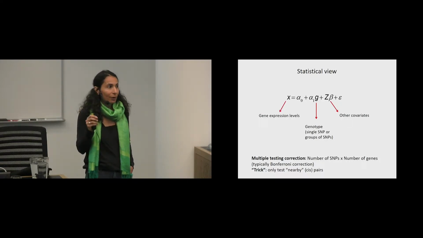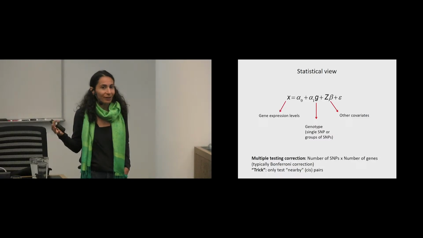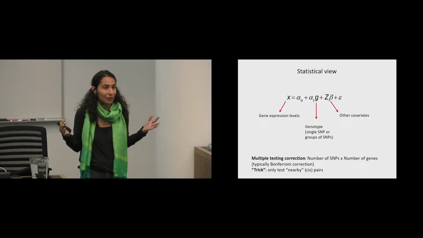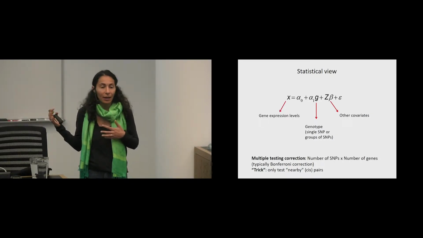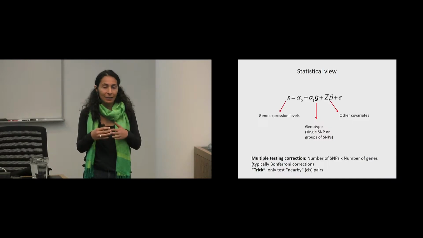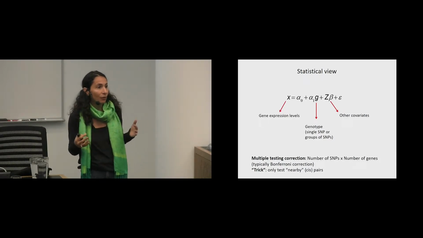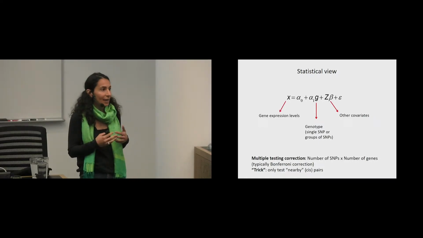The trick around that is using biological common knowledge: SNPs are likely to affect the expression of a gene that's nearby. If they're very far from that gene, it's very unlikely to affect the expression, at least in a way that we can detect based on this data. So by encoding that information, one can either do a very restricted search to, for example, only look at pairs of SNPs and genes that are nearby, or do something more fancy, with some sort of regularization that depends on the distance between the SNP and gene.